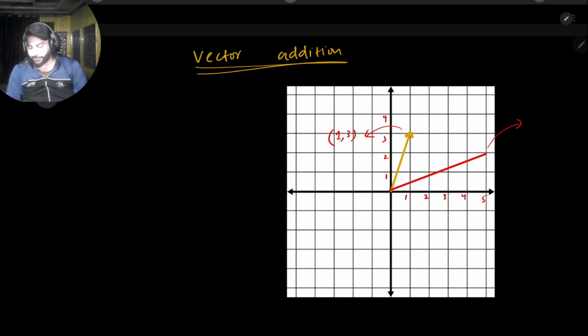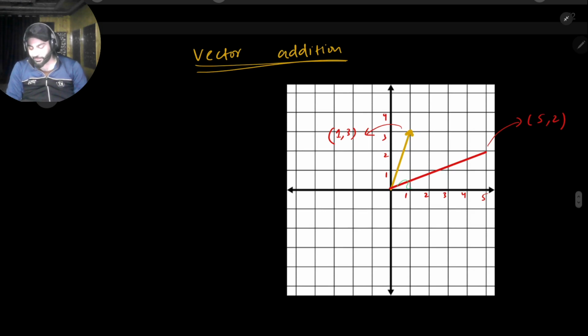This vector over here is 5 comma 2. So what I mean by addition of vectors, as you know, in the previous session we discussed how to think about these vectors. If you think about this 1, 3, it basically means take a step of 1 from here along the x-axis, then take 3 steps along the y-axis. That means you will reach this point if you take these 2 steps.